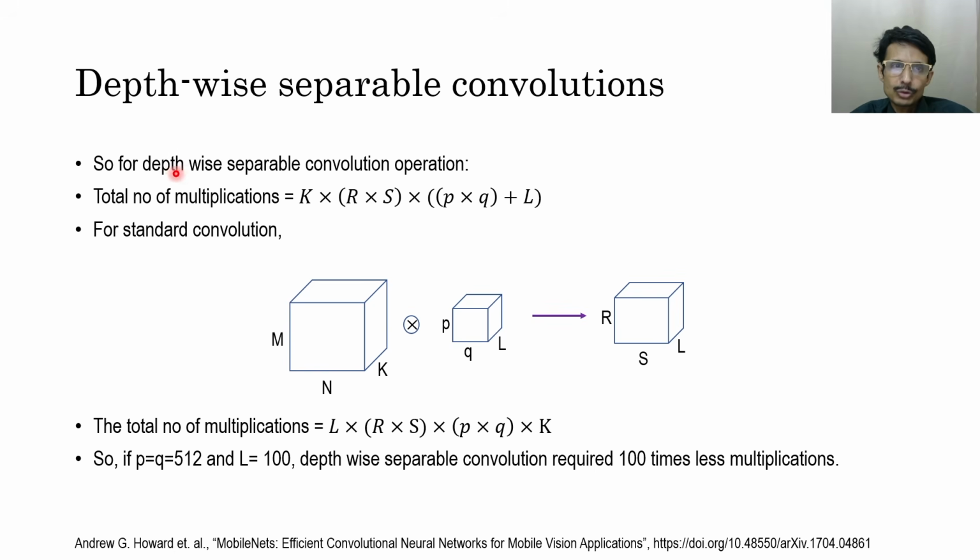Now for the depthwise separable convolution operation, the total number of multiplications is K into R S into P Q, plus K into L into P Q. But if you know the standard convolution, it is L into R into S into P into Q into K. So if P is equal to Q is 512 and L is 100, depthwise separable convolution is about 100 times faster.